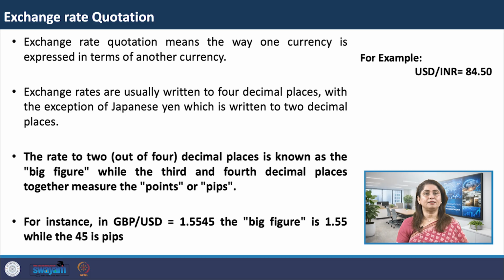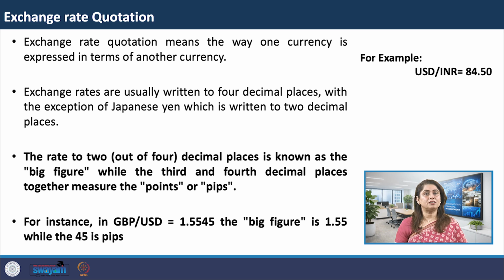Second, let us understand the terms big figure and pips. In any 4 decimal place quote, the first 2 decimal places together with the whole number form what is called the big figure. The third and the fourth decimal places together are called points or pips. Take the example on the slide where British pound by USD is equal to 1.5545. Here, 1.55 is the big figure.